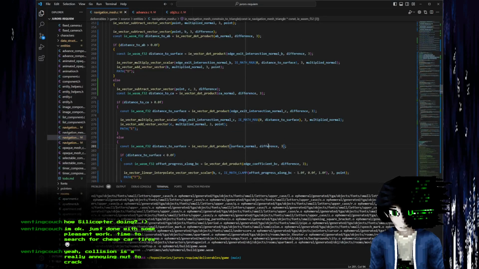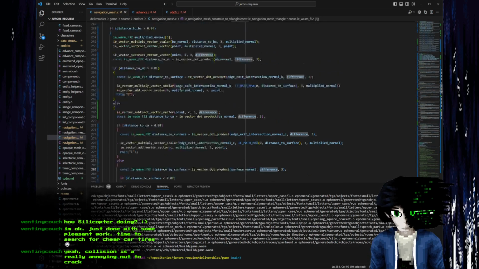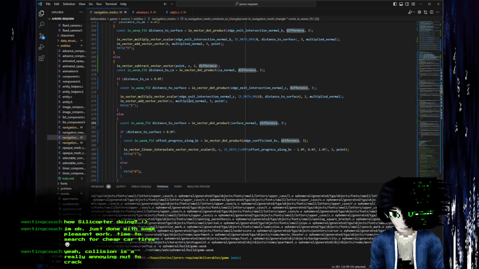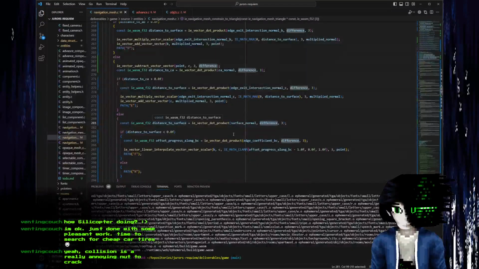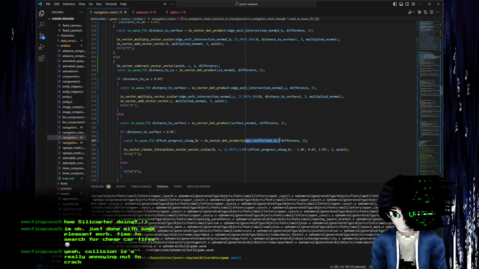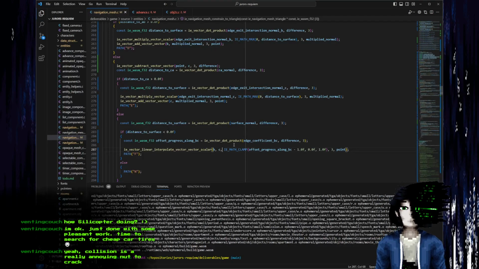So yeah, we are getting the difference between the point we're sampling and point C, which is fine. And we're getting the dot product between the edge coefficient and that difference, which should... I wonder if this isn't actually going to work.